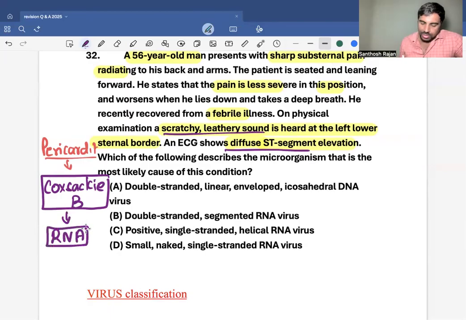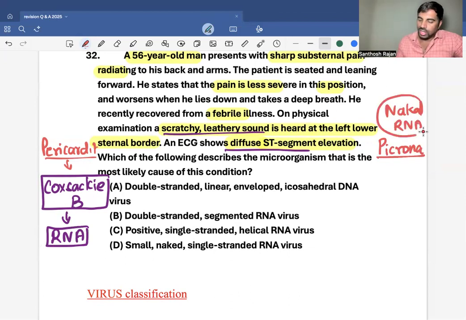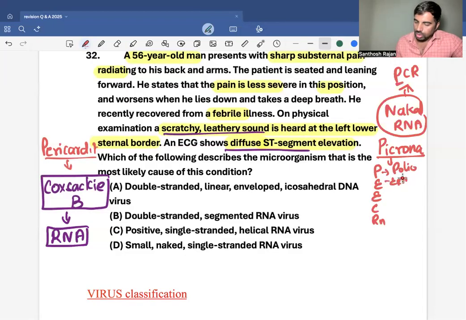In RNA, there is one group, the picornaviruses, which are naked RNA viruses. Remember PICORNA: under picorna, P is for polio, then entero, echo, C for Coxsackie, and R is rhinovirus.